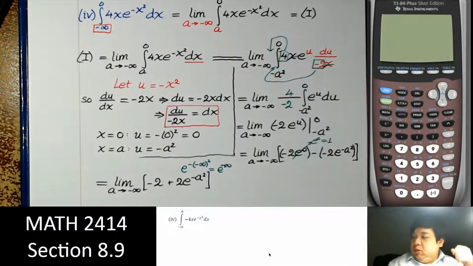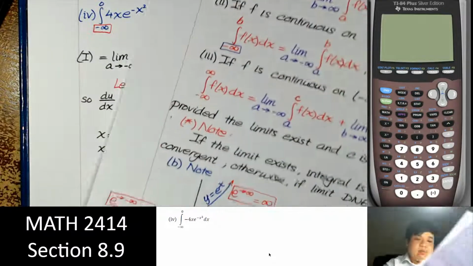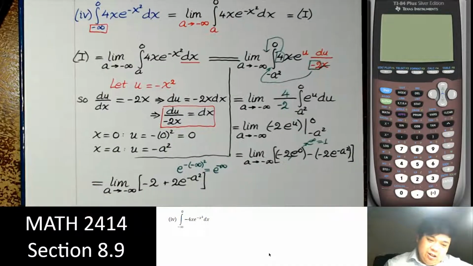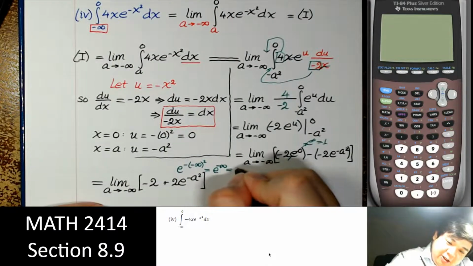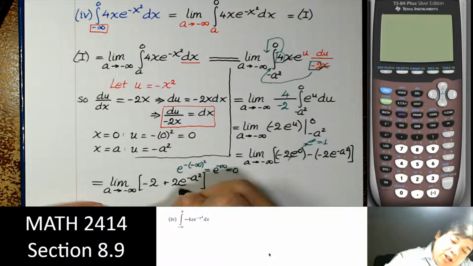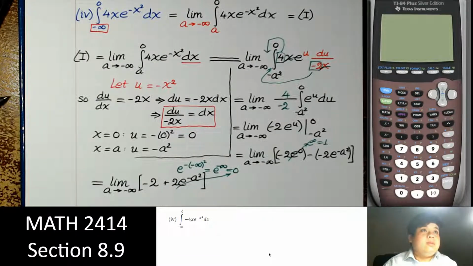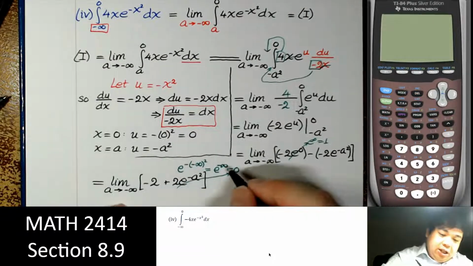And e to negative infinity goes to 0, right? So that term goes to 0. So this is equal to negative 2.